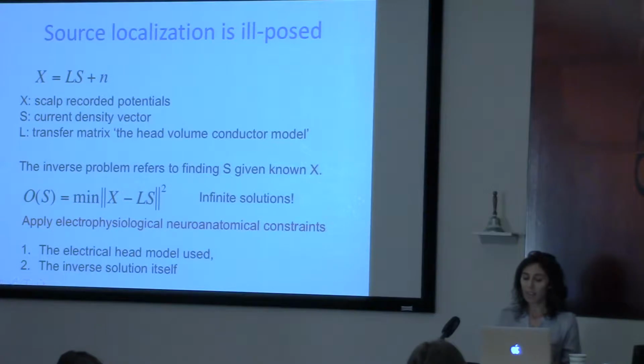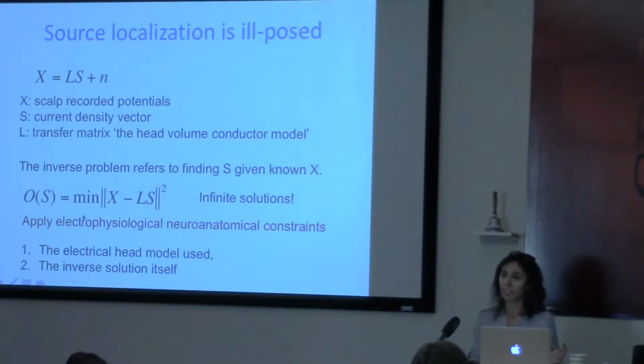And if we look at this problem, the solution of the inverse problem is based on the volume conductor model here, L, and the minimization problem itself. So when we solve these problems correctly, then we would be able to have correct source localization.